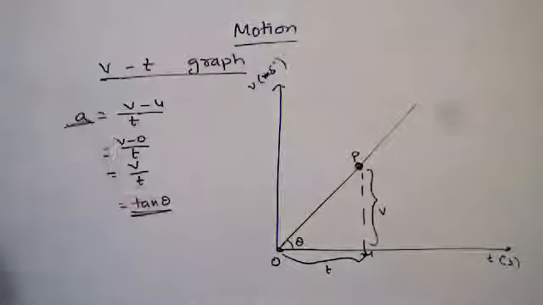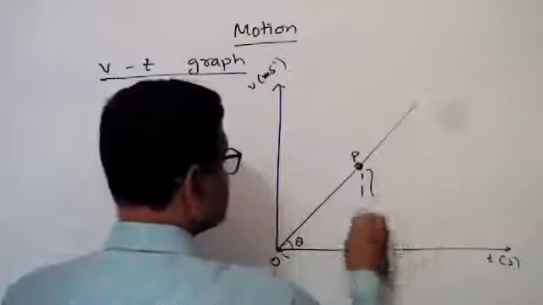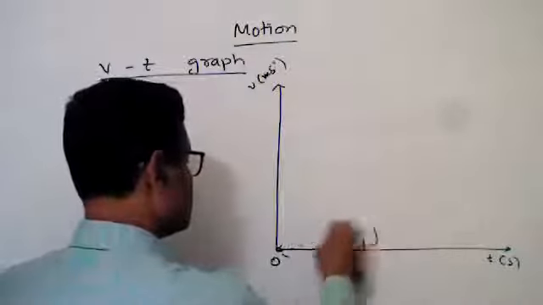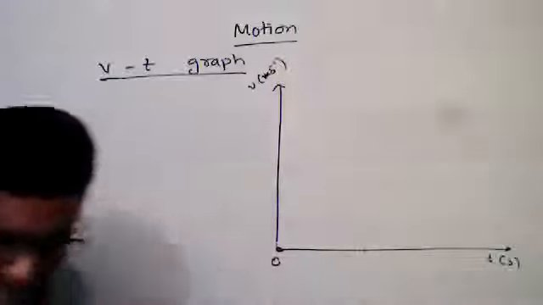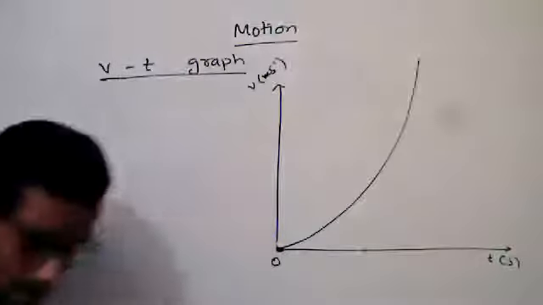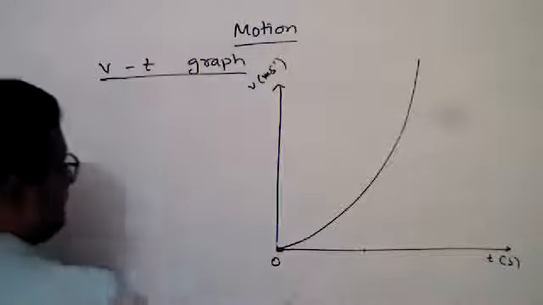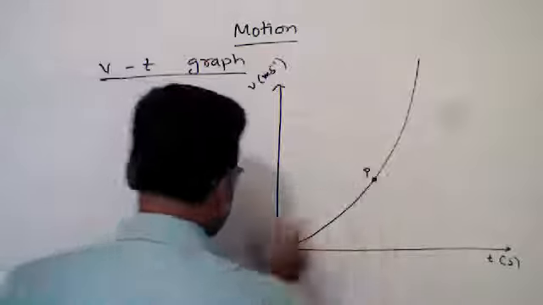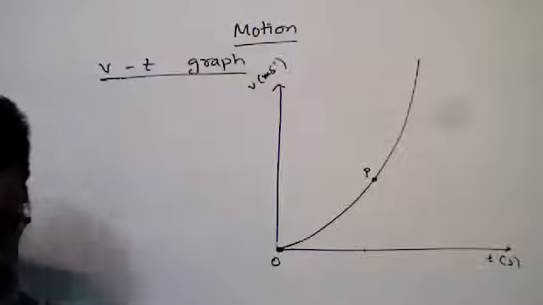Now we discuss non-uniform acceleration. Suppose the graph is like this. This is non-uniform acceleration. How can we calculate the acceleration at point P from this graph?